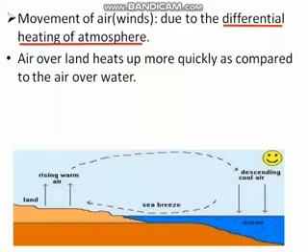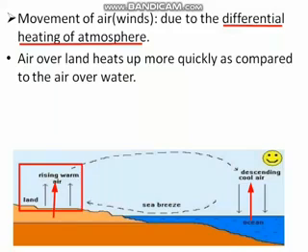Like on land, the air which is present over the land heats up more quickly as compared to the air which is present over the water bodies like oceans or seas.